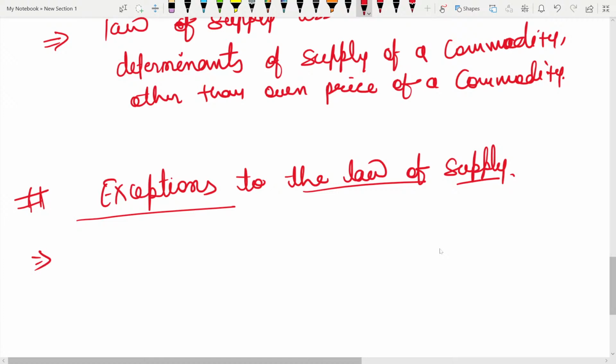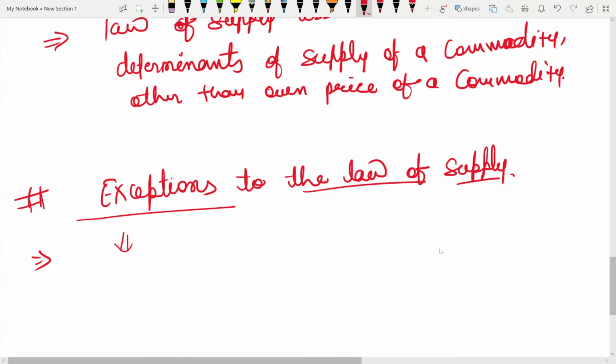The positive relationship between own price and quantity supplied of a commodity may not hold. So if we see exceptions to the law of supply, as I talked, the law basically talks about a positive relationship.